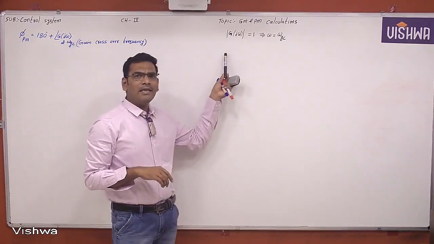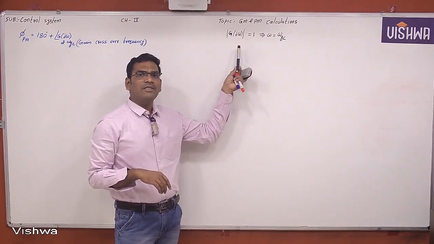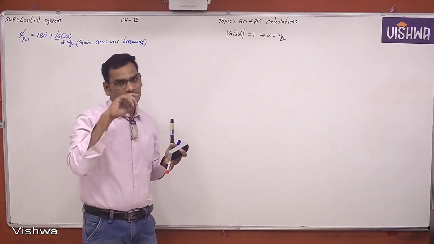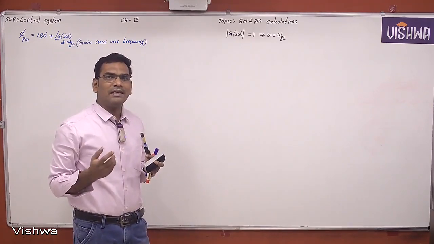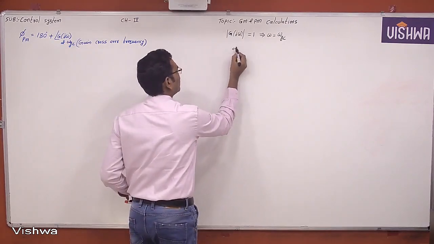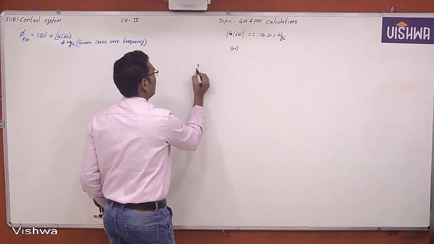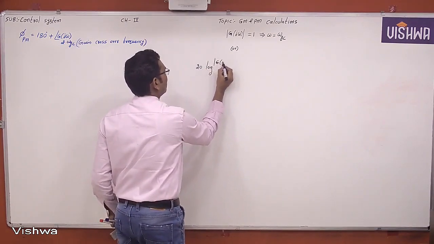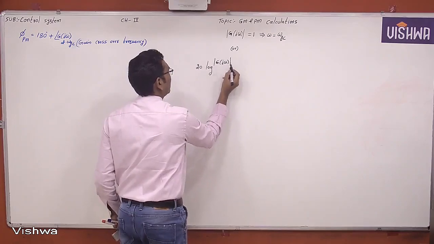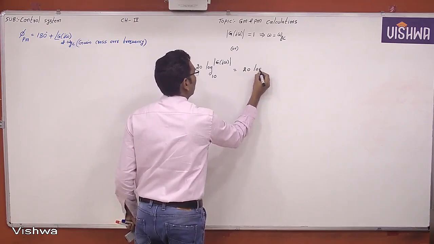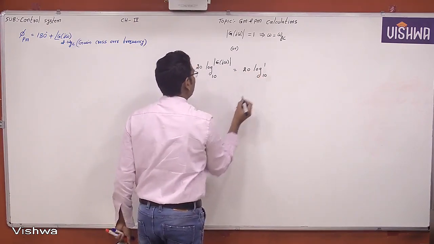Suppose it is given in terms of dBs, then what happens? 20 log magnitude of G of j omega equals 20 log 1 base 10.